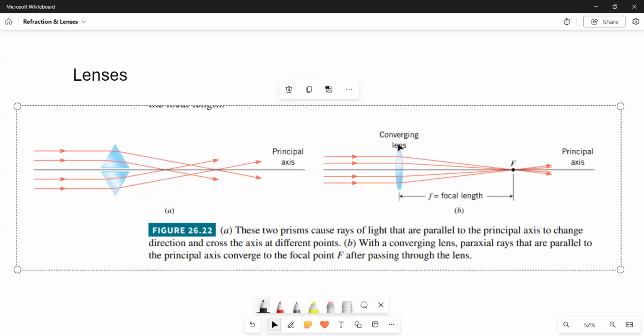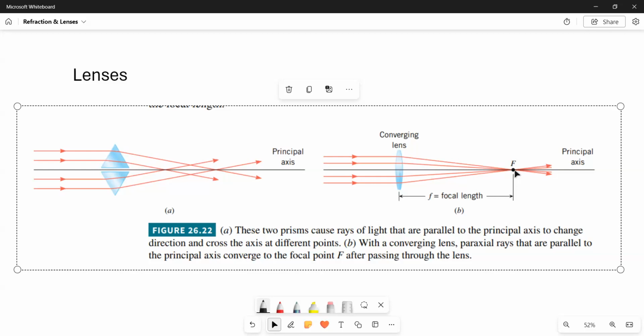We call the shape of this one a converging lens, right? The reason why is that a lens shaped like this takes these rays and makes them converge at what we call the focal point. That is what converging lenses do.